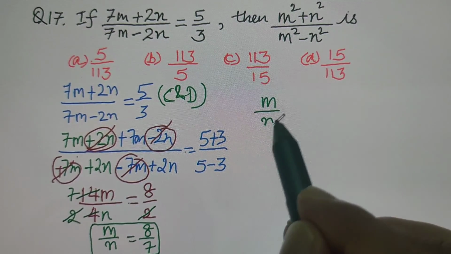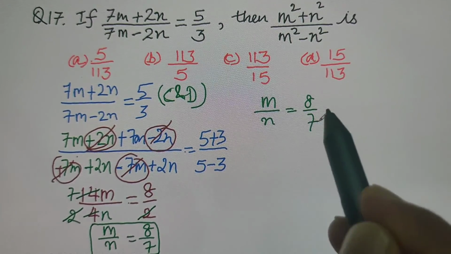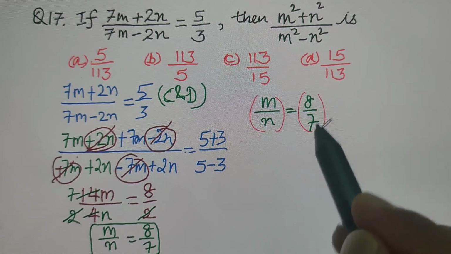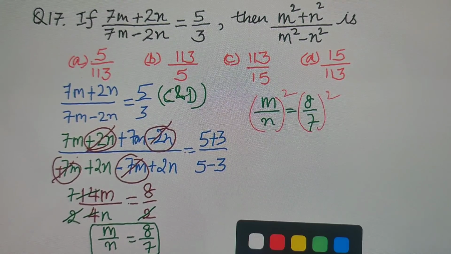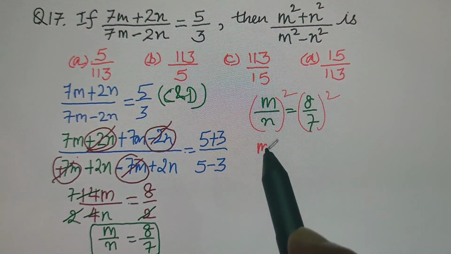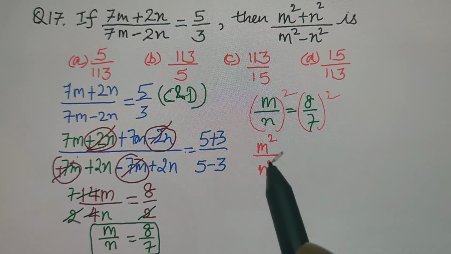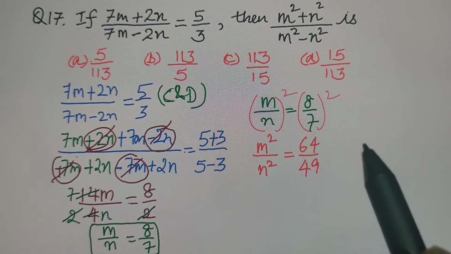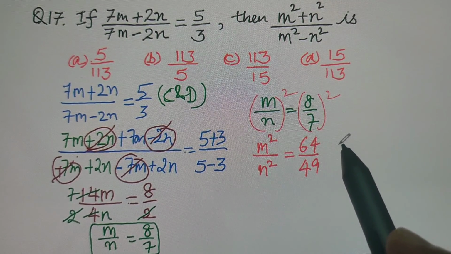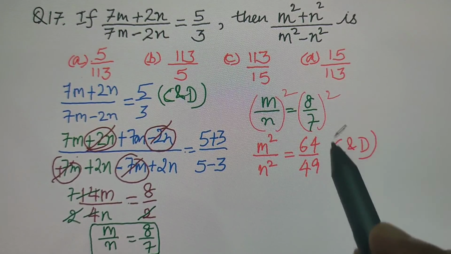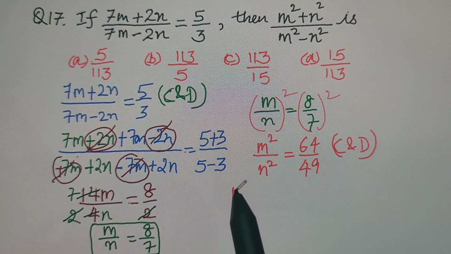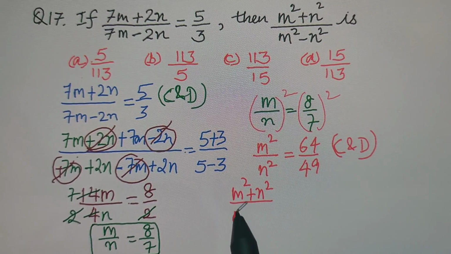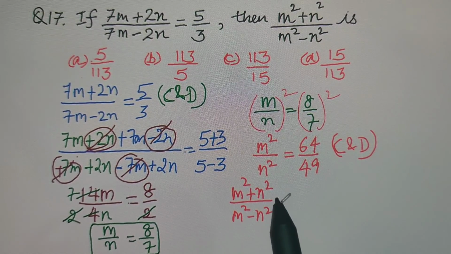m upon n is equal to 8 upon 7. Now what we are going to do is square both the sides. Squaring both the sides, what do I get? I get m square upon n square, which is equal to 64 upon 49. Fine. Again by C and D, that is componendo and dividendo, I can write it as m square plus n square upon m square minus n square.